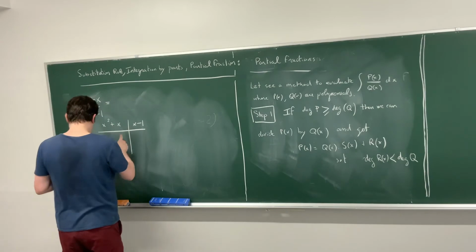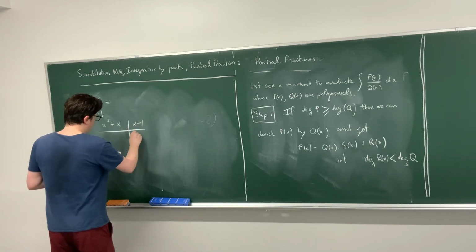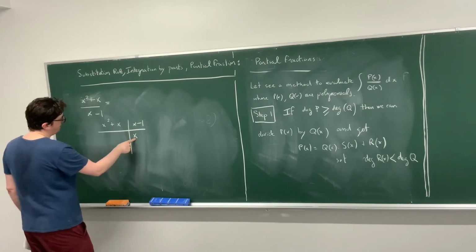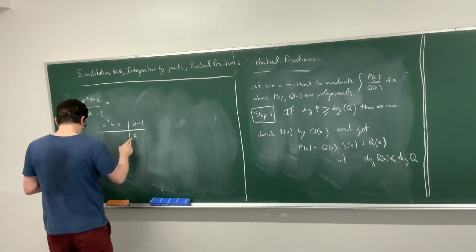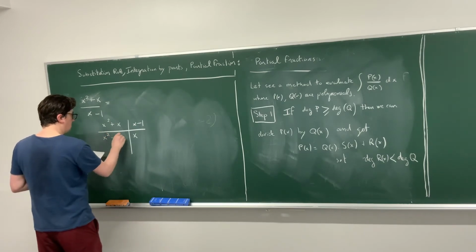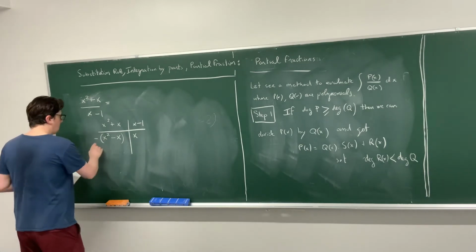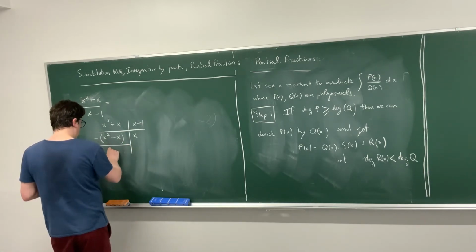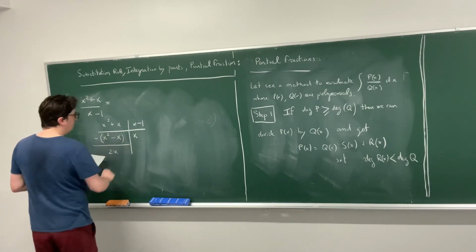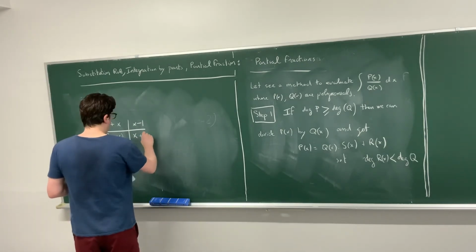So how many times x squared plus x? So if you get x times this, you will get what? You will get x squared minus x, isn't it? And now you remove it, and the remaining factor is 2x, okay? So here you get plus 2.